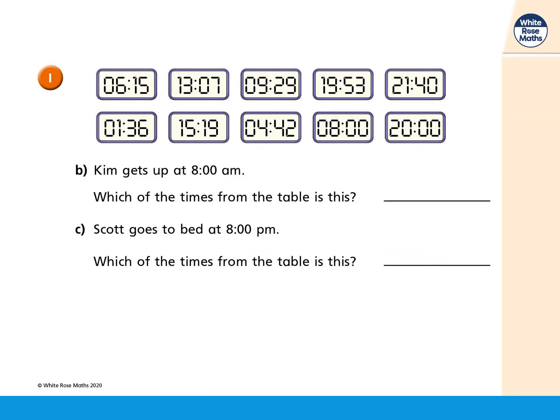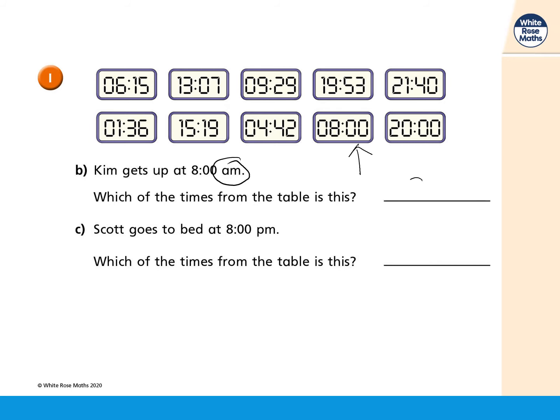Kim gets up at 8 a.m. Which of the times from the table is this? The clue here is the a.m. So I am looking for the times before 12 noon. It's not going to be 6:15 or 09:29 or 01:36 or 04:42. So therefore it must be this one.